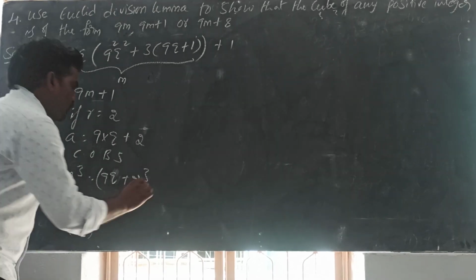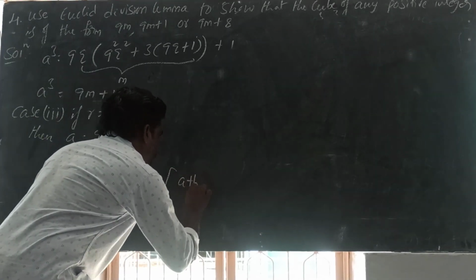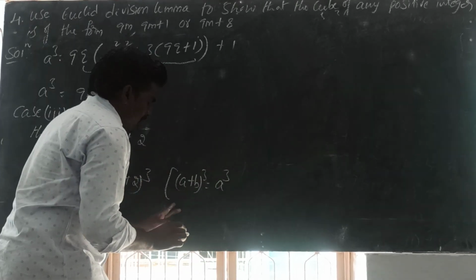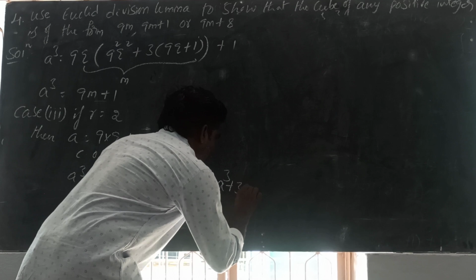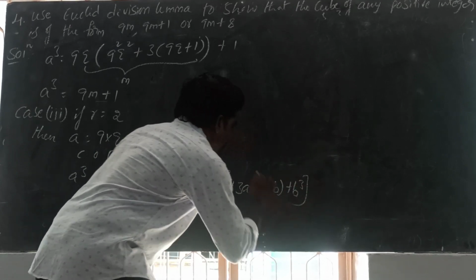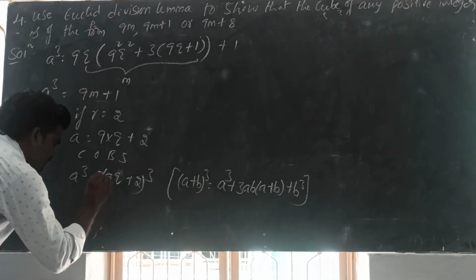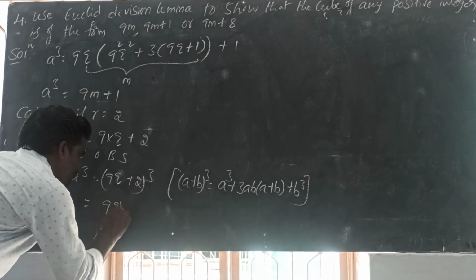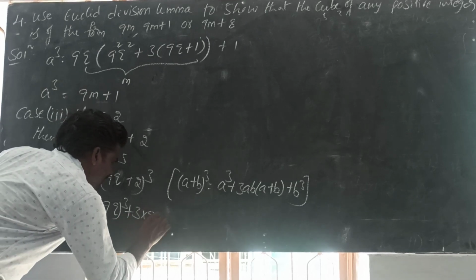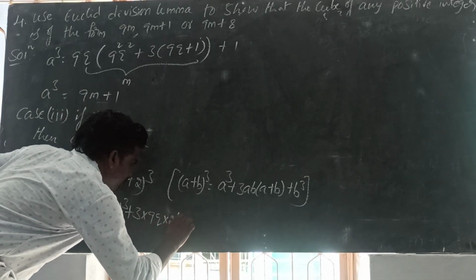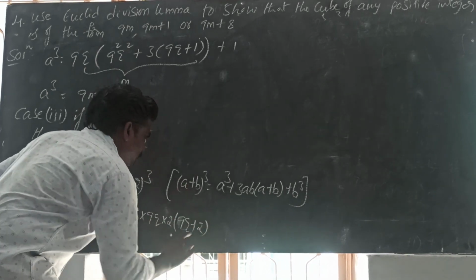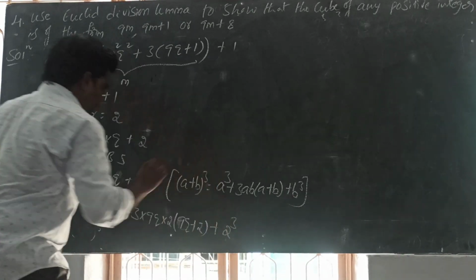What is the (a plus b) whole cube formula? a cube plus 3ab(a plus b) plus b cube. Apply this formula here. Then we get (9q) whole cube plus 3 into 9q into 2 of (9q plus 2) plus 2 cube.